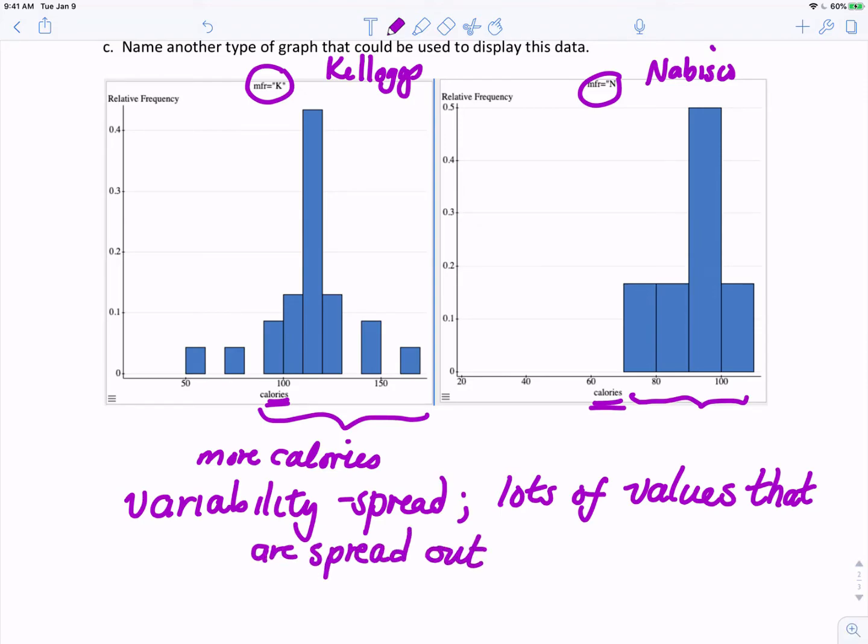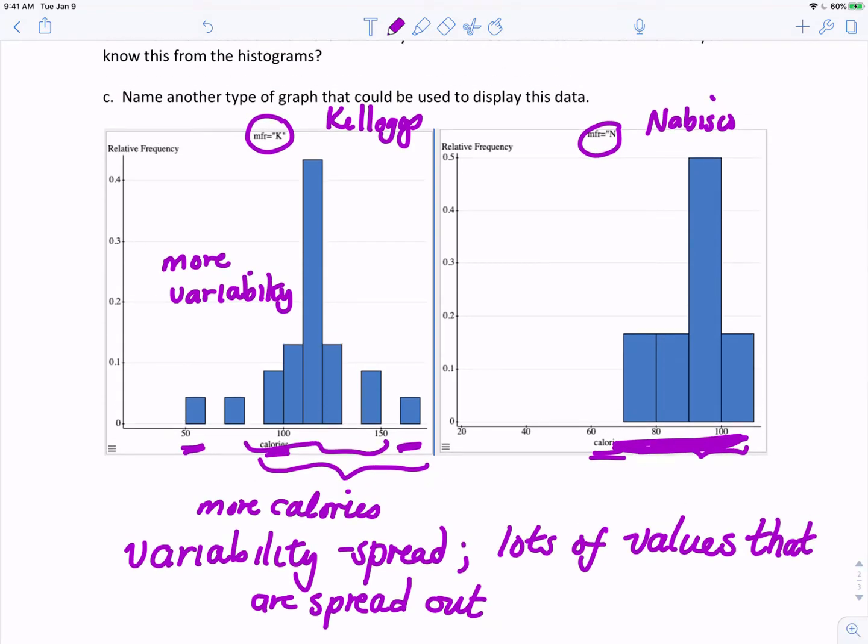So if you look at these two graphs, notice that Kellogg's goes from 50 to well past 150, and most of the data values go between somewhere below 100 to 150, whereas Nabisco is pretty much concentrated right into this little span right here of about 70 to 110. So hopefully you can see that this graph here for Kellogg's has more variability because the data values are more spread out.